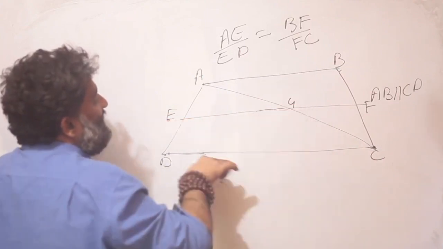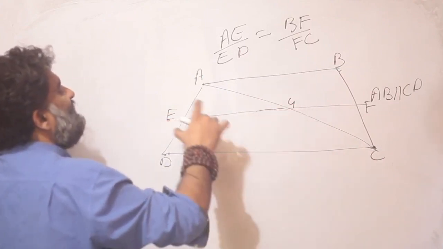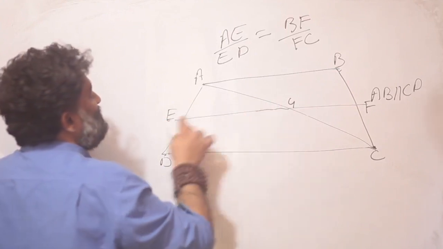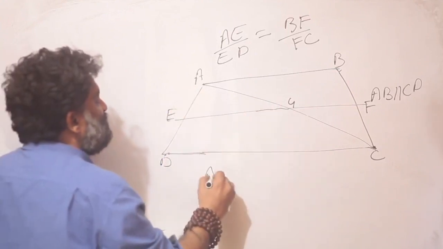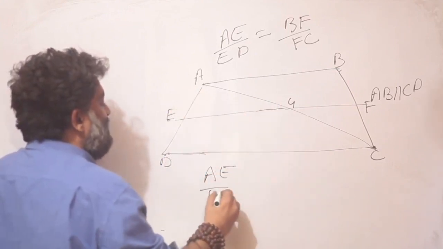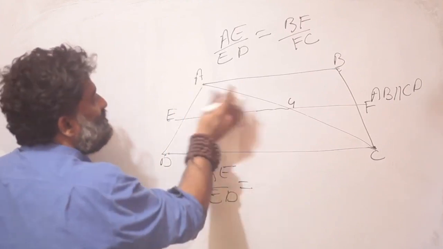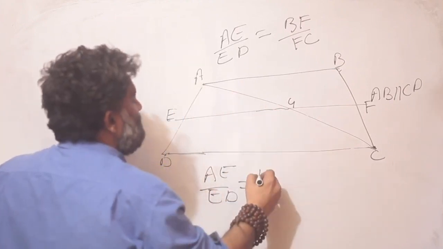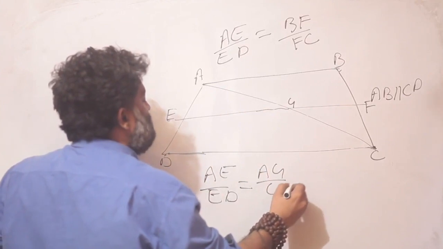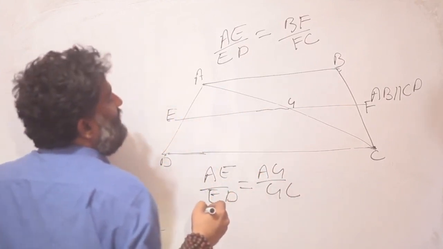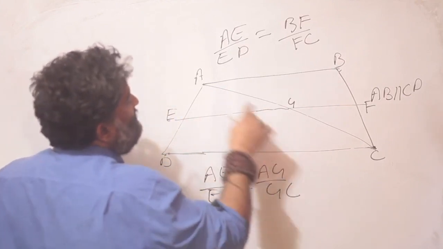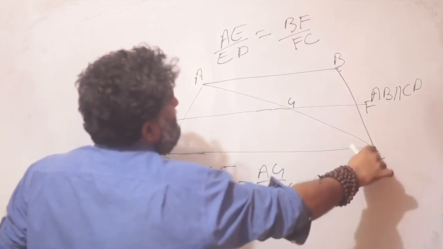EG is a line parallel to one of the sides, that means it will divide the other sides in the same ratio. So whatever is the ratio of AE upon ED is going to be the ratio of AG upon GC.